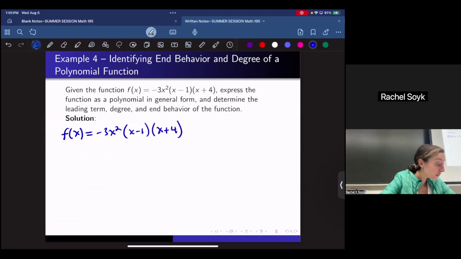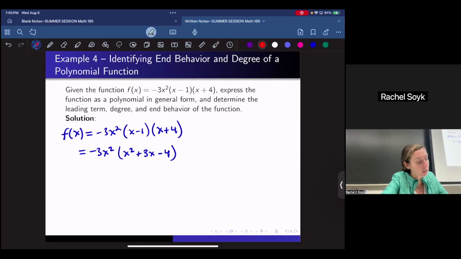We want to express the function as a polynomial in general form, so we're going to end up using some FOIL and distribution. And then we want to determine the leading term, degree, and end behavior.